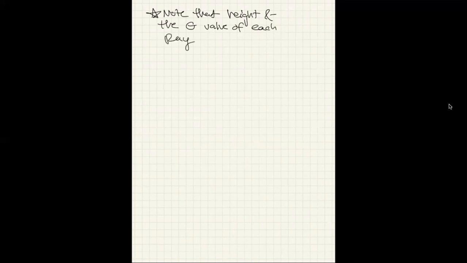So I'm going to describe this parameter. Note that the height and the theta value of each ray, and when I say ray, I mean an outwardly extending pine tree branch, can be described with a single parameter.